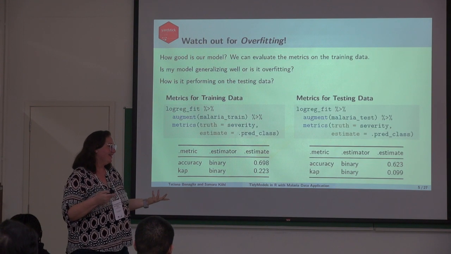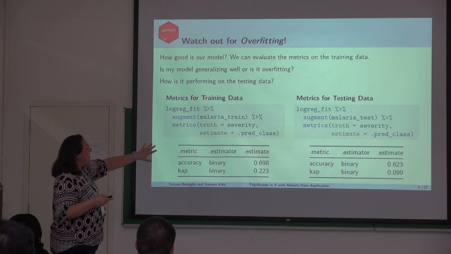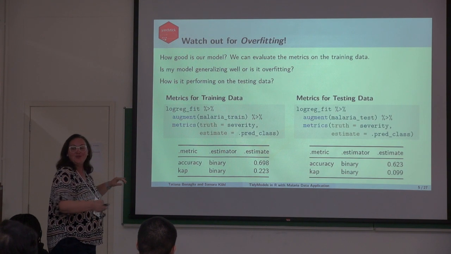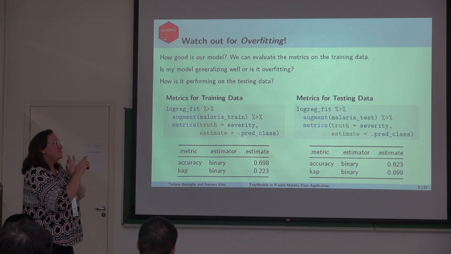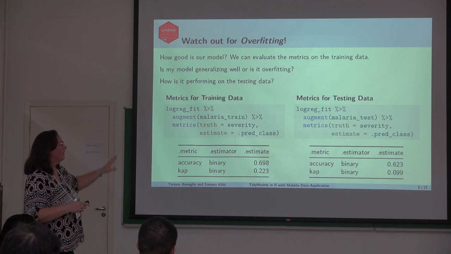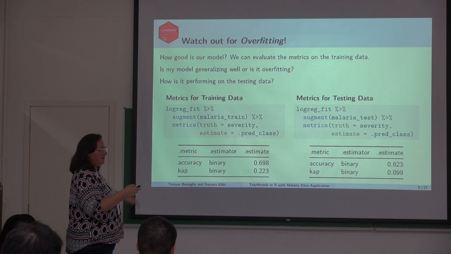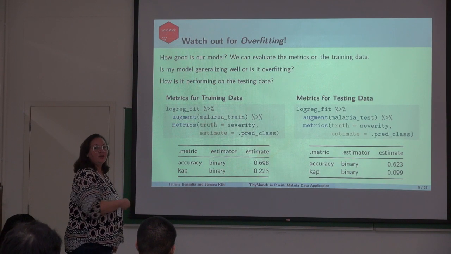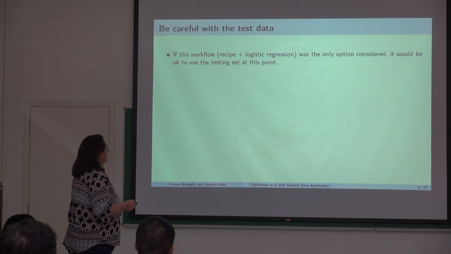We need a trick, a statistical trick. This is all fine if logistic regression with a second degree polynomial is the only thing I'm going to try. Then at this point we can stop here. You have the testing, and that's good. But if you're going to try many different things, we're going to need something else.